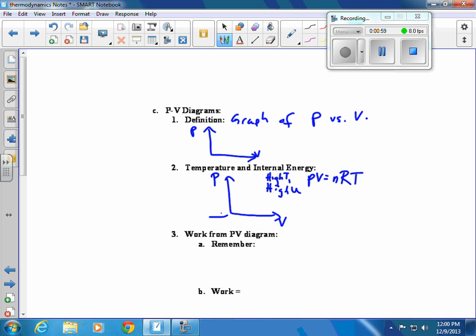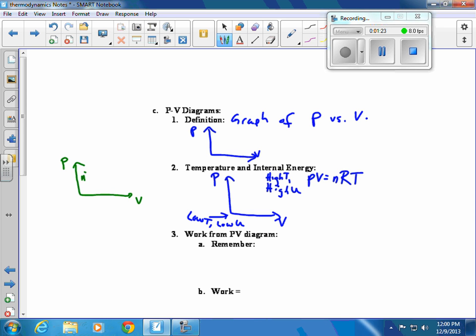And then down in this corner, it's going to be low temperature and low internal energy at the origin. In fact, the origin would be absolute zero. So the farther I get from the origin, the hotter it's getting and the higher the internal energy. So an example of that would be if I had a PV diagram with this process.